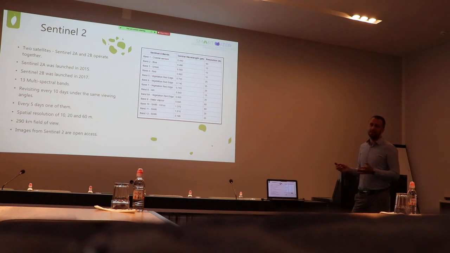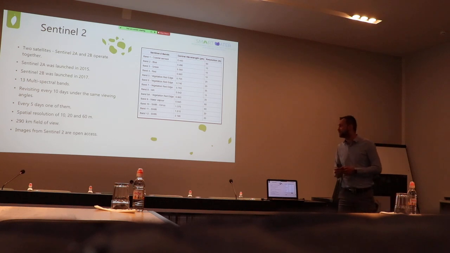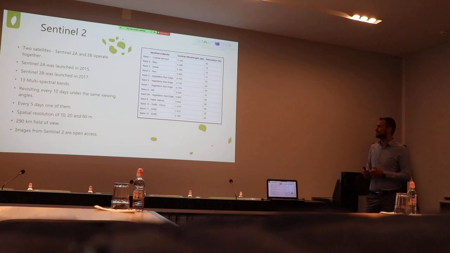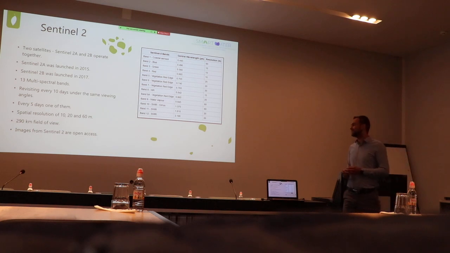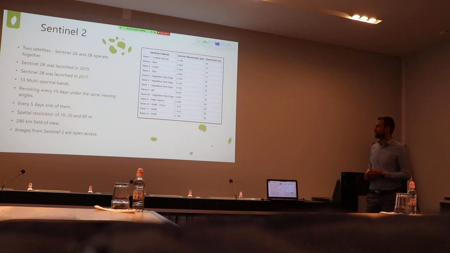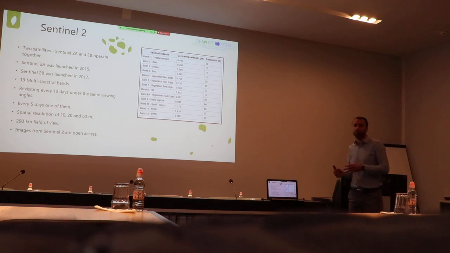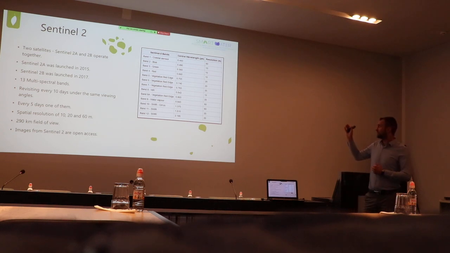There are two satellites that operate together, Sentinel-2A and 2B. Sentinel-2A was launched in 2015, and Sentinel-2B was launched in 2017. Both of them have 13 multispectral bands. You can see the list in the picture, but the most important bands for agriculture are blue, green, red, NIR, and SWIR bands.